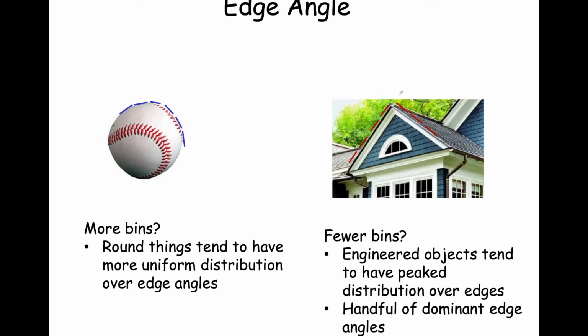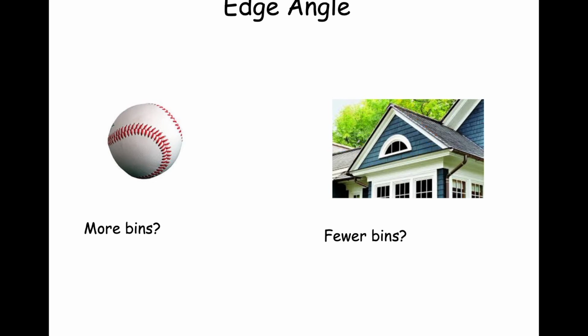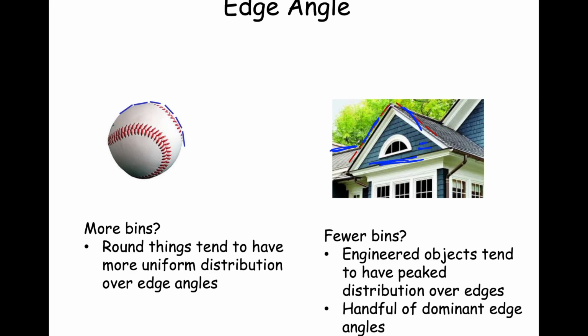And that's certainly apparent here in this house. You have the edge here for one side of the gable, an edge here for the other. You have a horizontal edge for that lip of the house. Same thing for where the shingles meet. Likewise, the edge of this roof is a dominant edge. And so you might have fewer bins for these human engineered objects in order to suitably represent them, because everything else would just be noise.